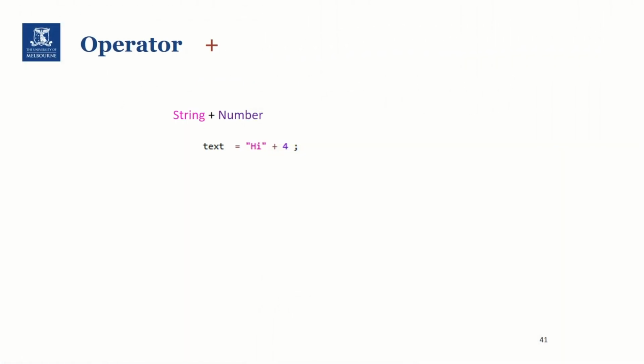What if we use this plus operator between the string and the number? In this example, string hi and number 4 will result another text as a hi 4.